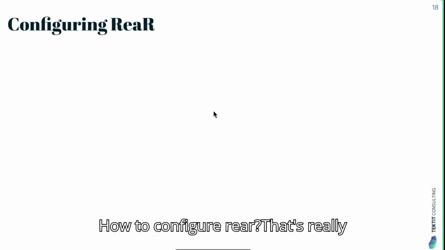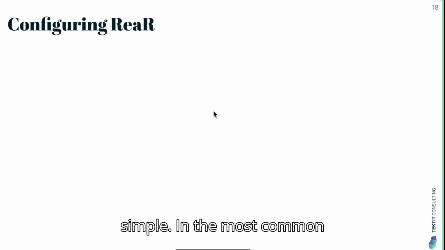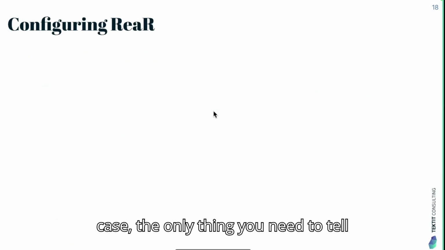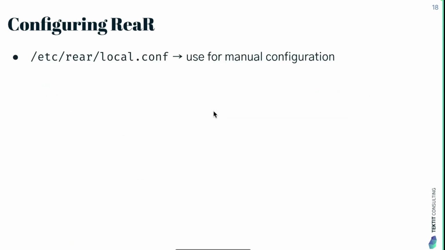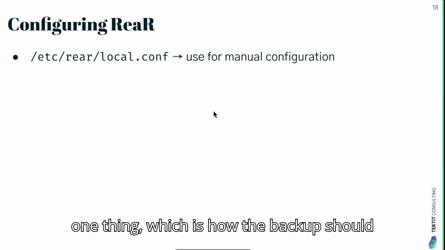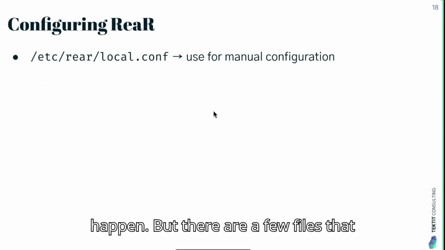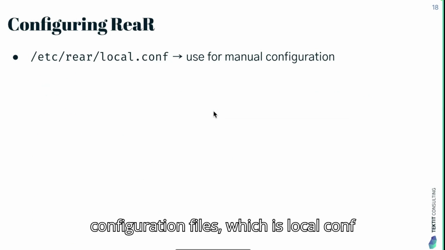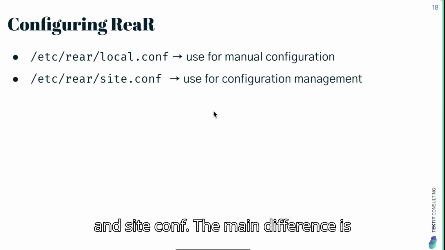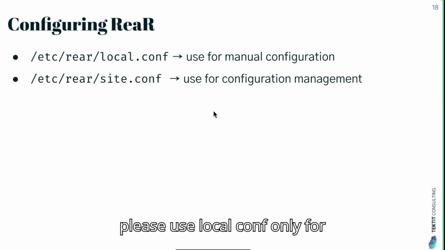How to configure ReaR? That's really simple. In the most common case, the only thing you need to tell ReaR is one thing, which is how the backup should happen. But there are a few files that you need to be aware of. We have two main configuration files, which is local.conf and site.conf. Please use local.conf only for manual editing.